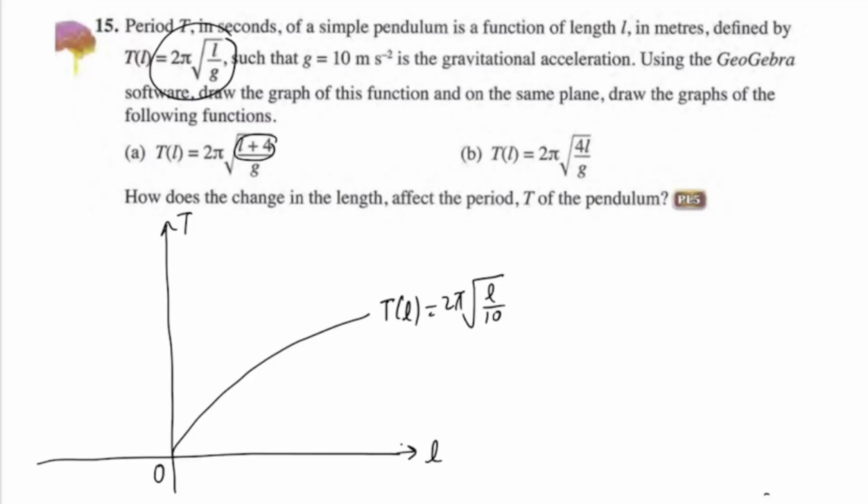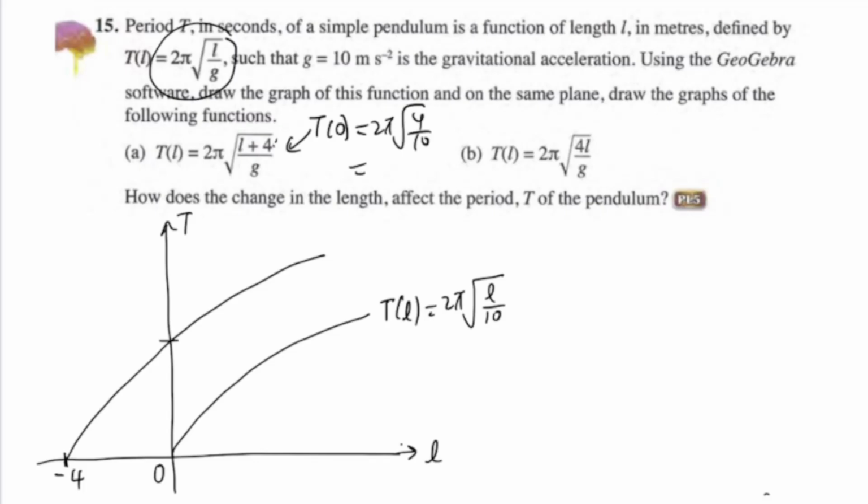So I'm going to draw the same graph here. It has the same curvature, but this is minus 4. Now, if you want to find your y-intercept, you can, by substituting L equals 0. If you put 0 inside, this will be 2 pi square root of 4 over 10.